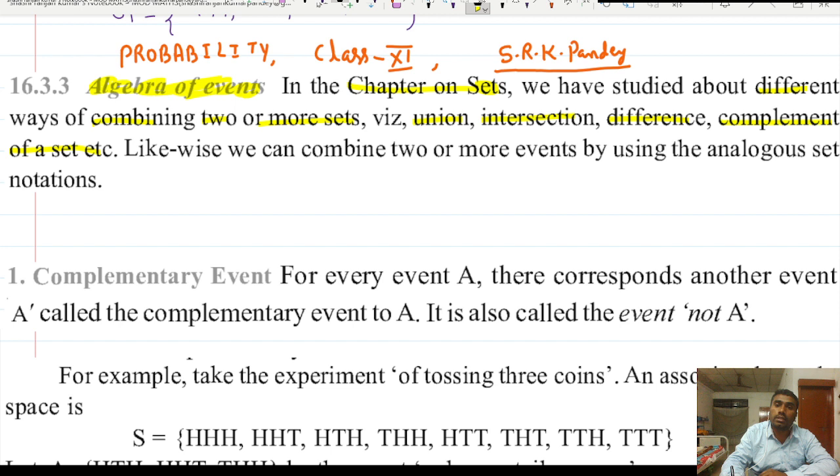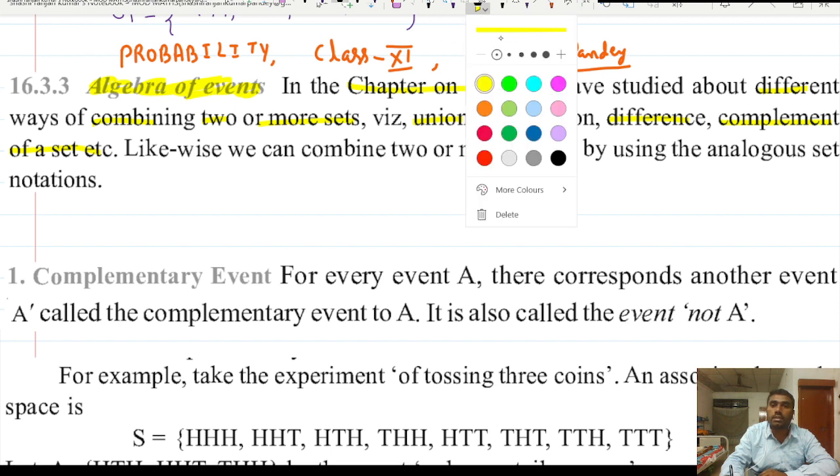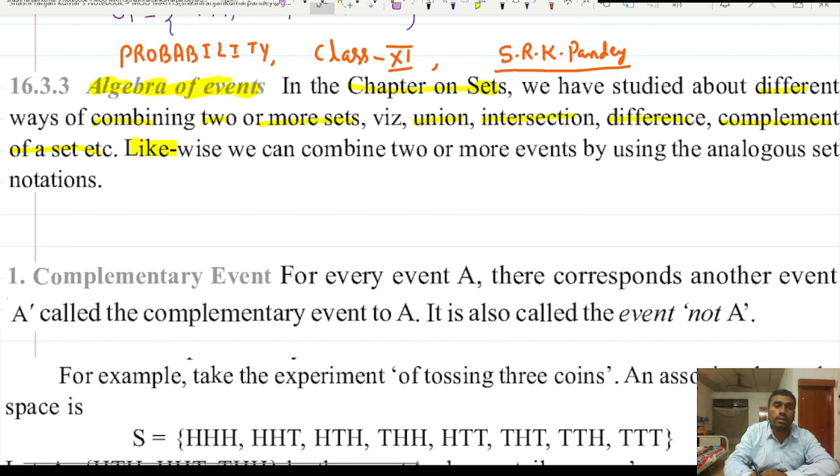Okay, so these are the things we have to discuss, what is the meaning of that actually. Likewise, we can combine two or more sets using the analogous set notations. We already discussed the notation of union, intersection, all these things, so we will use that here.